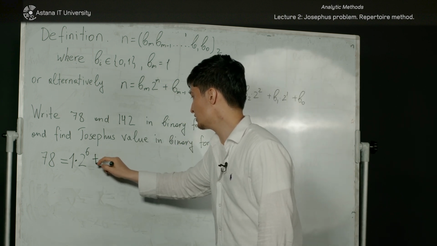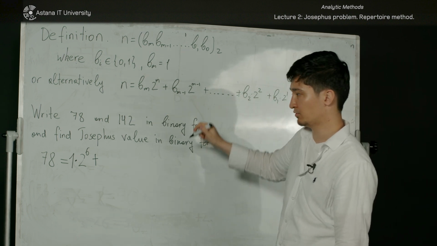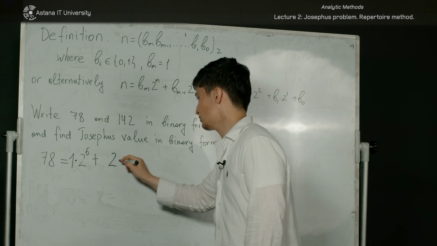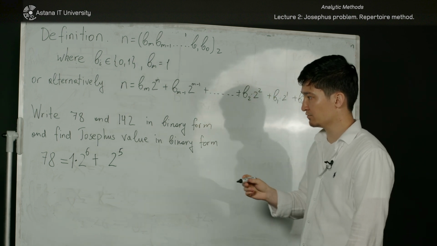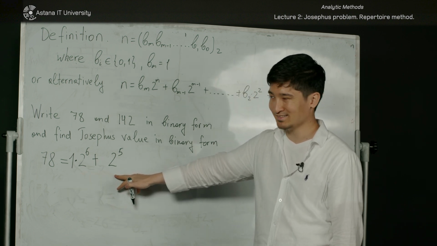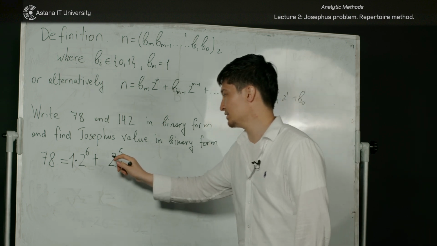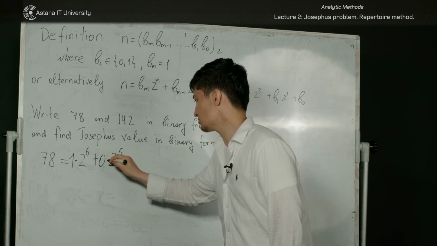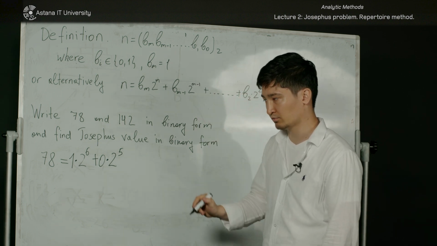Now, the next value, by definition, should be 2 to the power of 5, which is 32. So now we have 64 plus 32, which is 96 and greater than 78. So I do not count this, I put 0. I'm not counting this 2 to the power of 5.